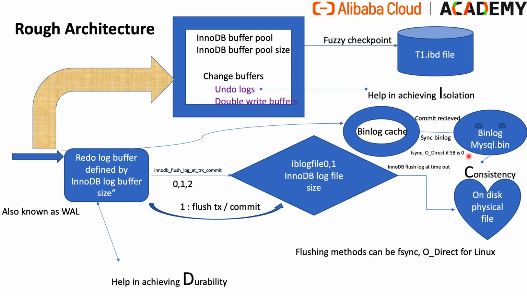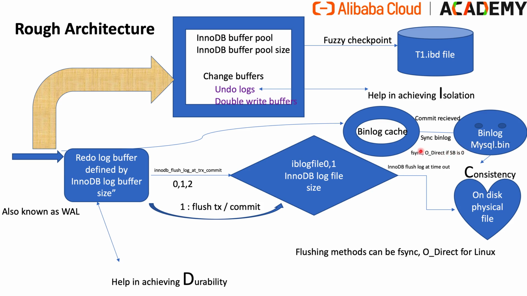But if you want to enable it, you decide how many transactions in a group you want to commit together. The default behavior is that one commit group is written and flushed to the bin log file. So with every commit, it will flush to the bin log file. It is safe, but again, it increases your flushing, that is your IOPS. So here again, you need to decide if you want to go for performance or security.